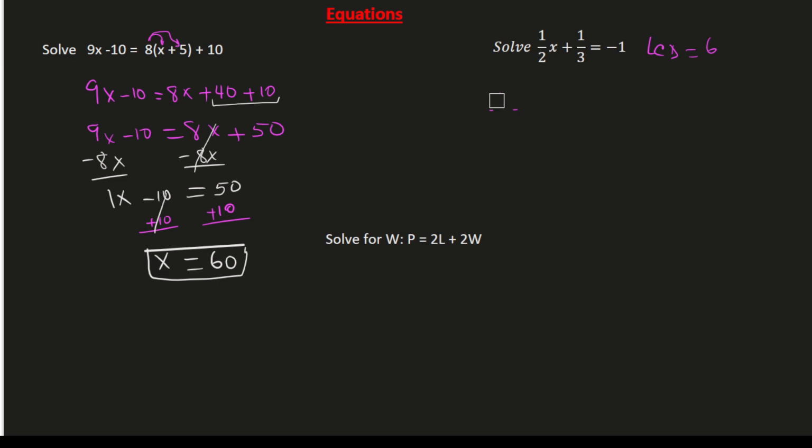This is 1 over 2x, plus 1 over 3 is equal to -1.